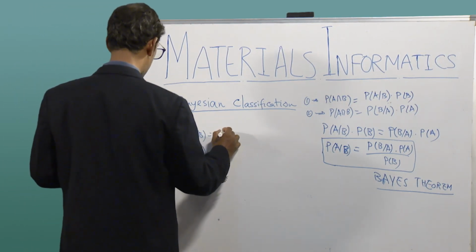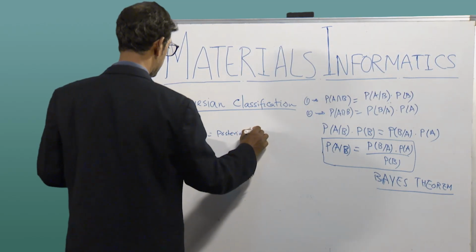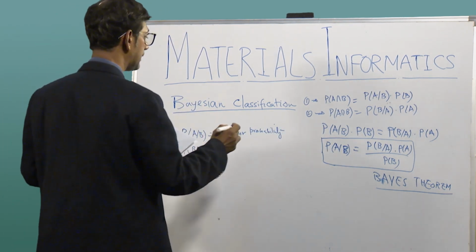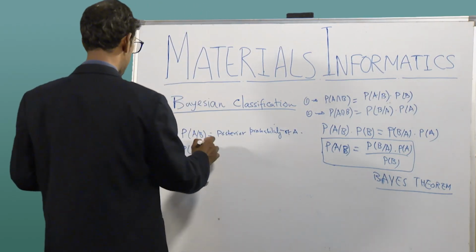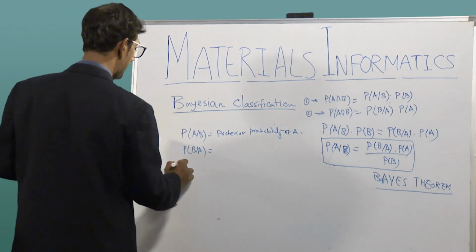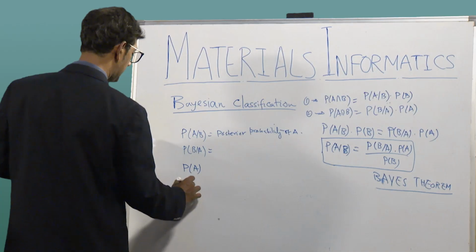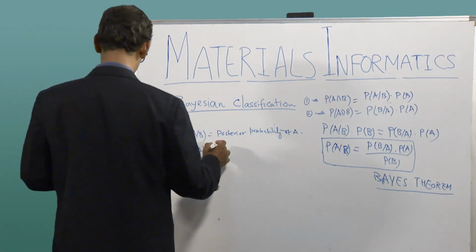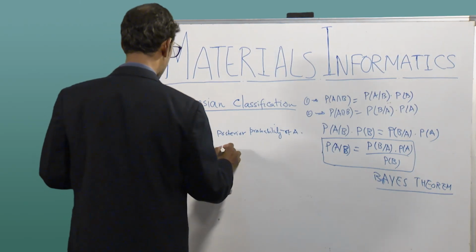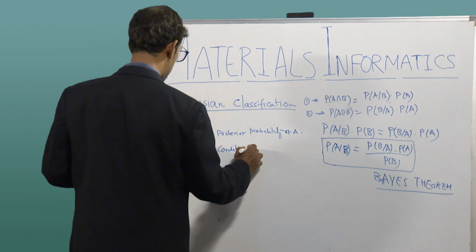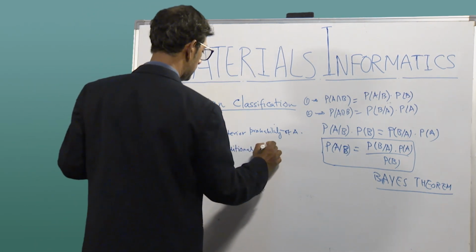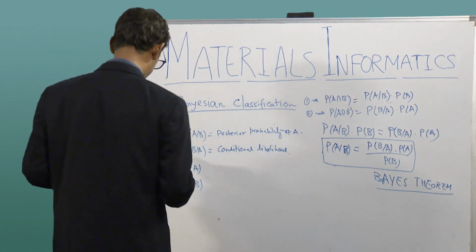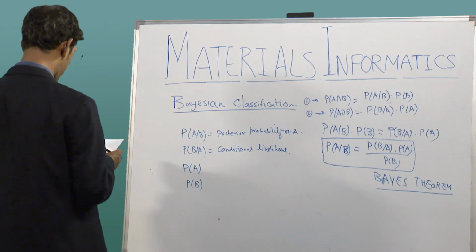P(A/B) is known as the posterior probability in machine learning, of any event A, and this one is also important. P(B/A) is known as the conditional likelihood, and P(A) is the marginal probability.